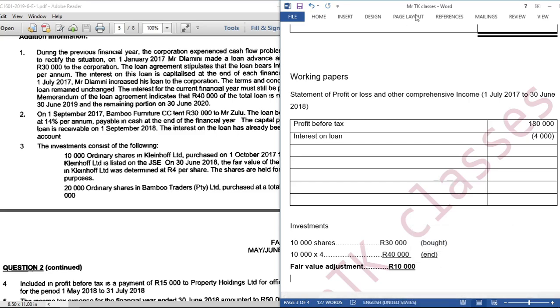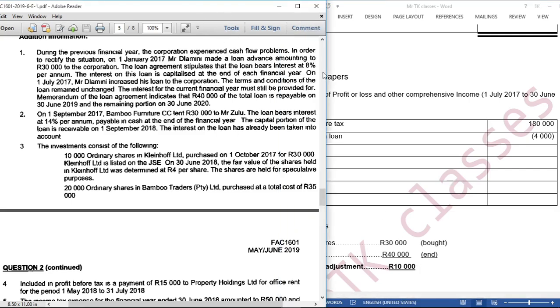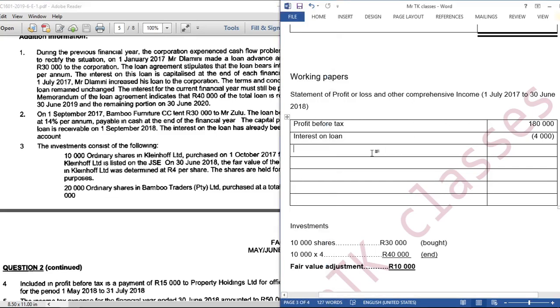And now this is the fair value adjustment of 10,000. So this fair value adjustment of 10,000 was not recognized here. Let us come here and say fair value adjustment. It was not recorded. So let us add it.